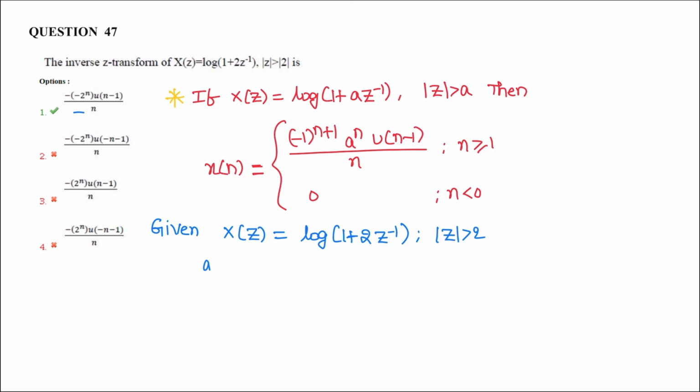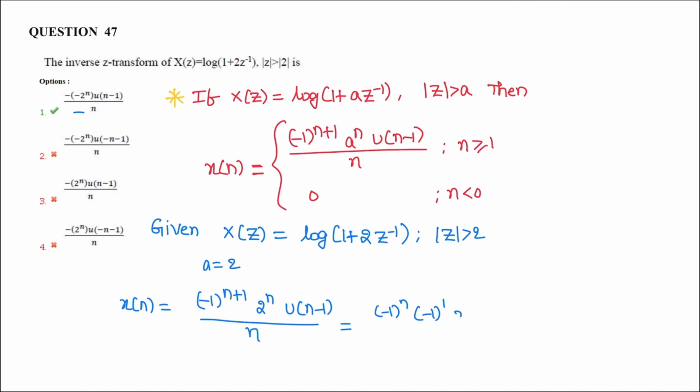Here a is equal to 2, then x of n is minus 1 power n plus 1, 2 power n, u of n minus 1, by n.